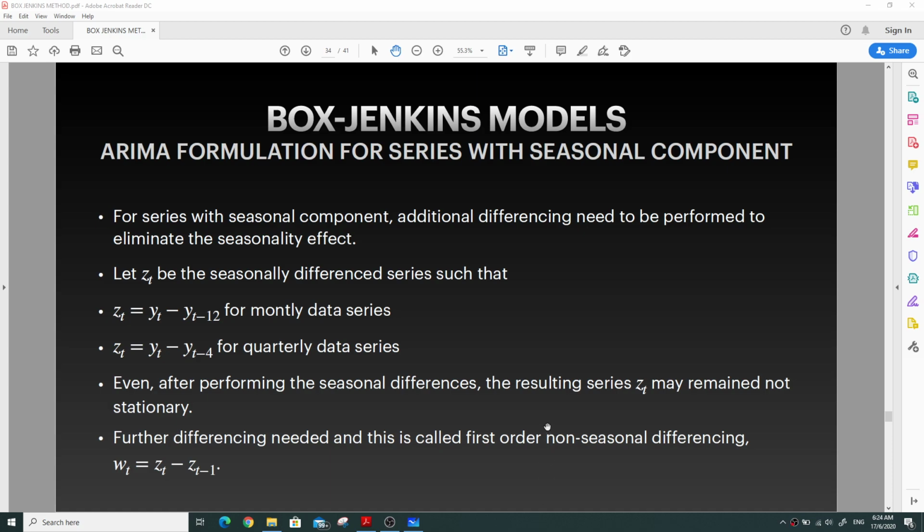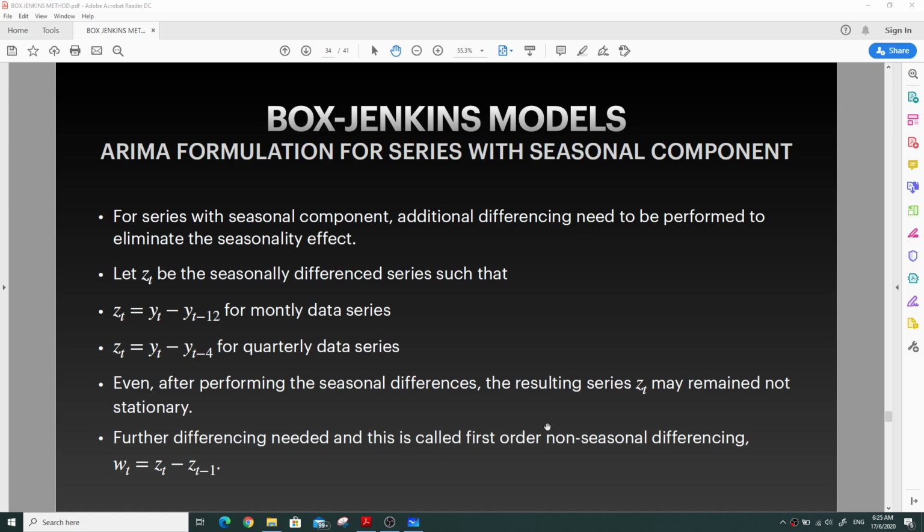Okay, so for a series that has a seasonal component, instead of the previous ARIMA model, we need to consider removing the seasonal component first before we apply Box-Jenkins models to our series.